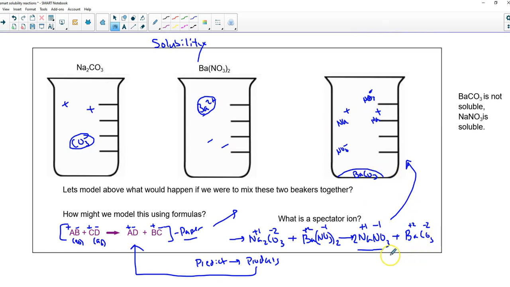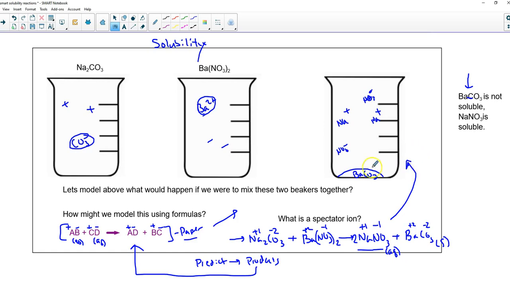So we label this as aqueous, and this as solid. Note, barium carbonate is not soluble, and sodium nitrate is soluble. Now, if I want to drink this after filtering it off, there's still a little bit of barium in there. It's not the best thing to be drinking as a heavy metal.